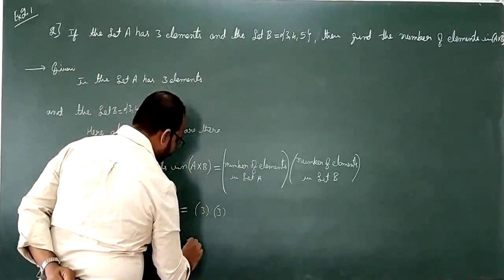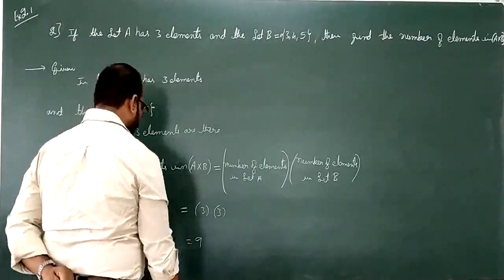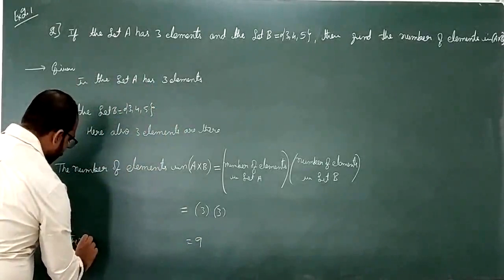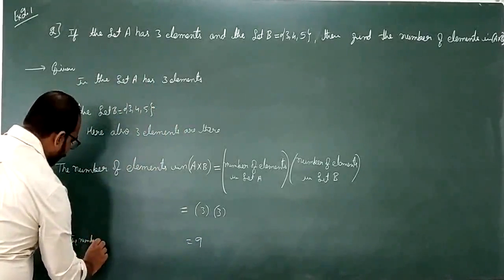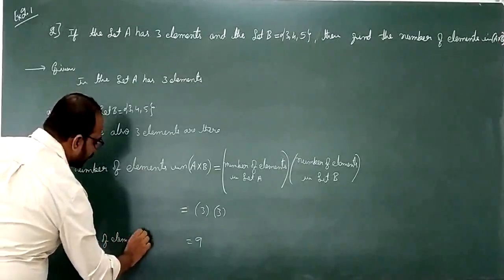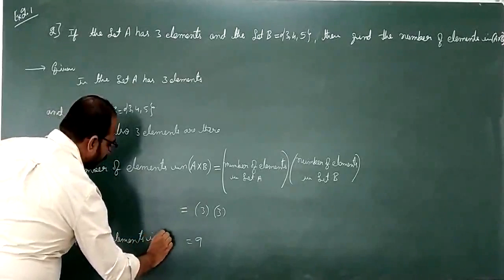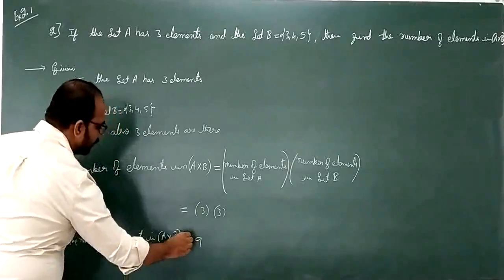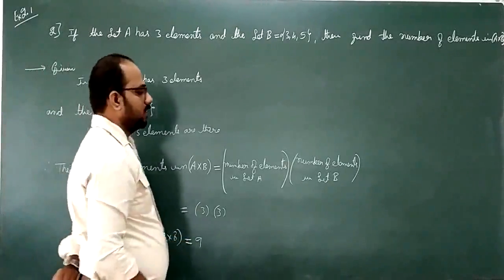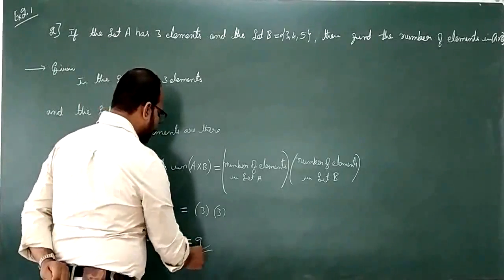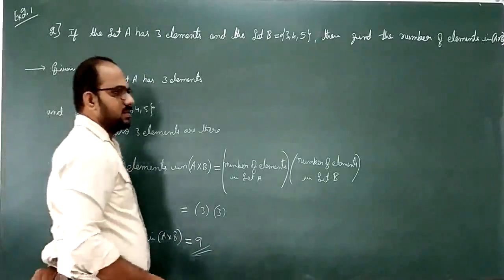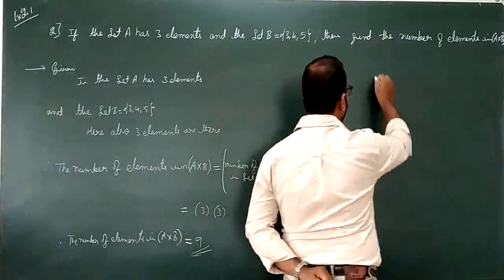Therefore, 3 threes are 9. So the number of elements in the Cartesian product of A and B is equal to 9. This is the required solution.